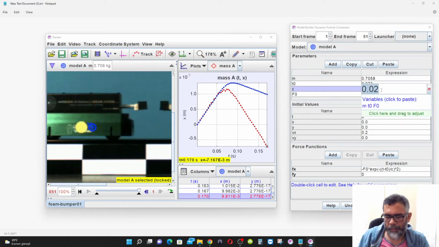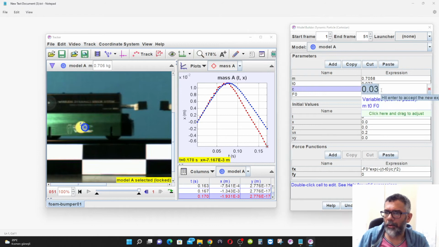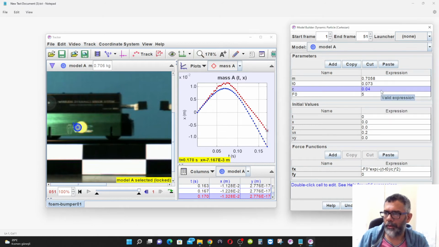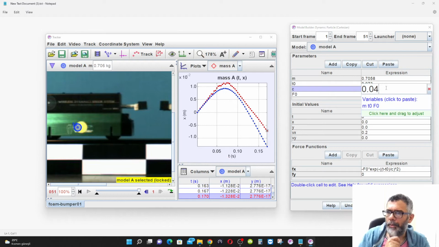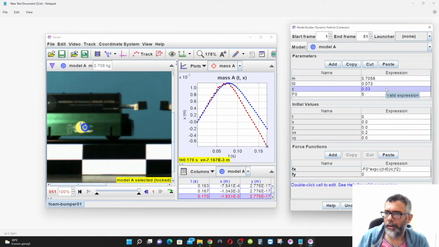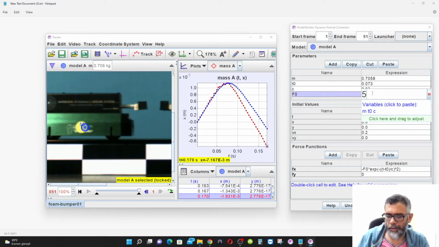No, 3 is okay, or maybe 4 is going to be better. But if it's 4, the duration of the collision is taking more time, then this part is going off. Maybe let's keep this at 3, and increase 5 to 5.5 maybe.